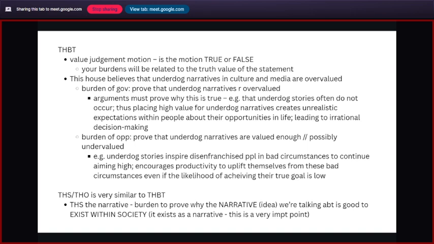Not only are you trying to support the idea that hard work is necessary for success, but you're also trying to, wait, this house supports the narrative that hard work is necessary for success.